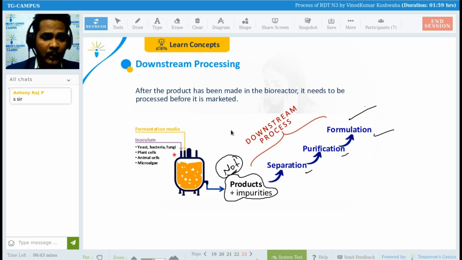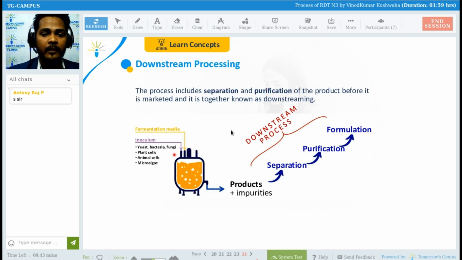It has a lot of impurities, and if you sell it in the market, patients will complain and your company license will get cancelled, right? So that's why you need a downstream process, that is separation, purification and formulation. The process includes separation and purification of the product before it is marketed, and together it is known as downstreaming.